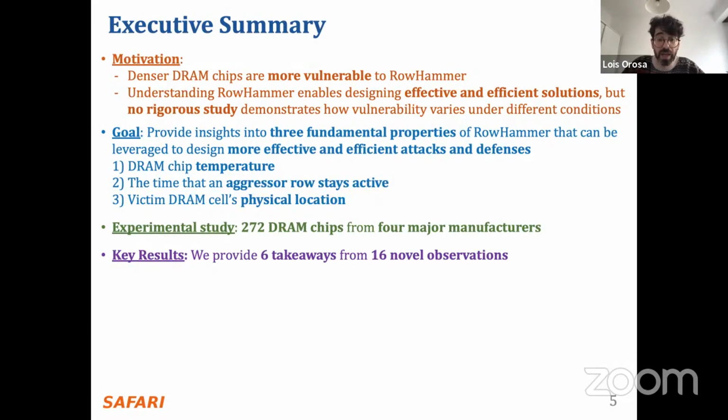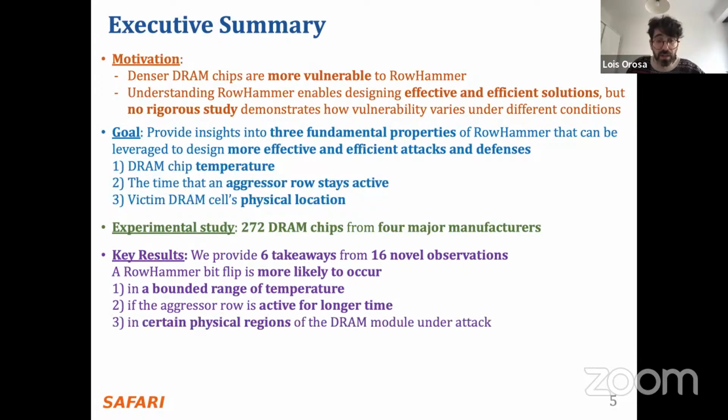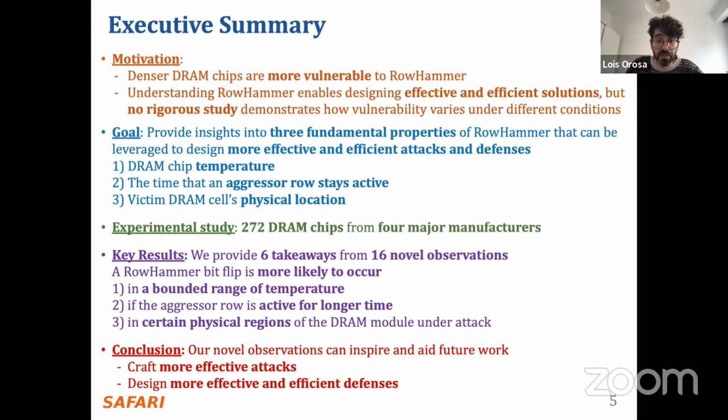Among these, we highlight that a RowHammer bit flip is more likely to occur in a bounded range of temperature, if the aggressor row is active for a longer time, and in certain physical regions of the DRAM module under attack. Based on our findings, we propose several improvements and show that our novel observations can inspire and aid future work on crafting more effective attacks and designing more effective and efficient defense mechanisms.